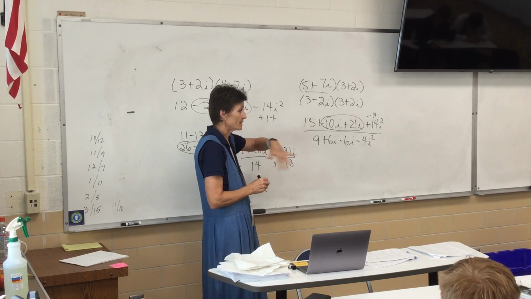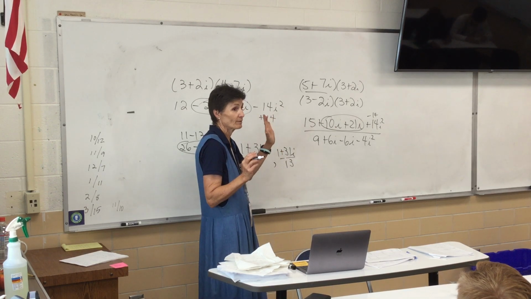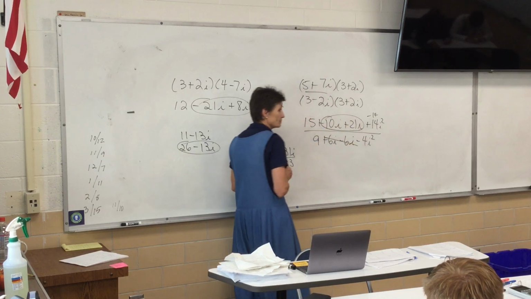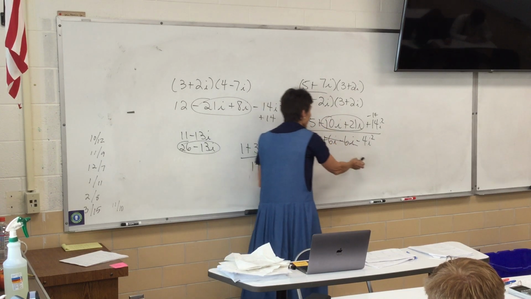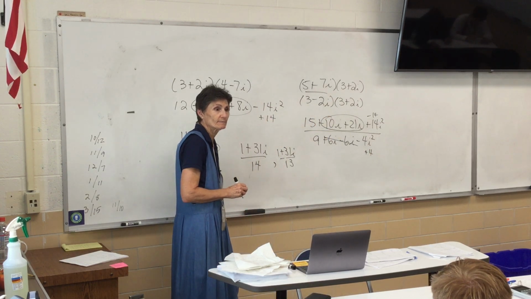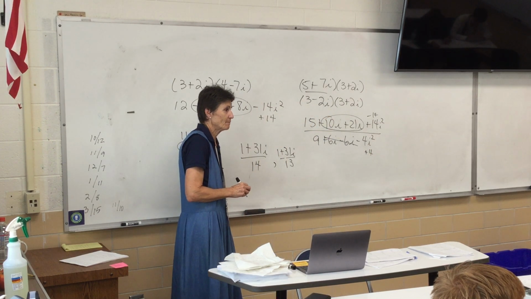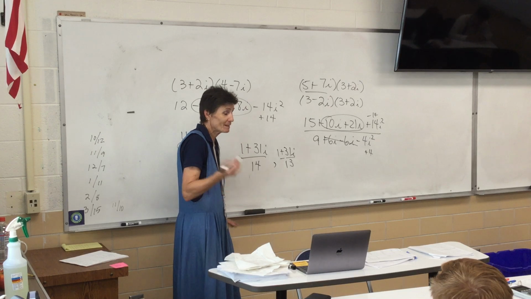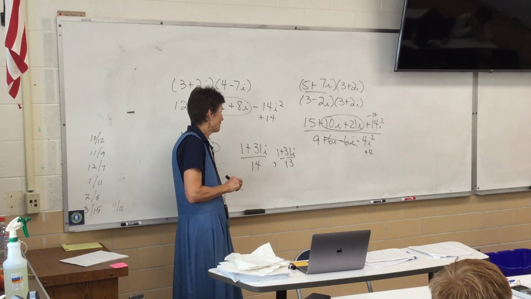So everybody that spoke anyhow has the right numerator. On the bottom, these are gone. This becomes a plus 4, and 9 plus 4 is 13.